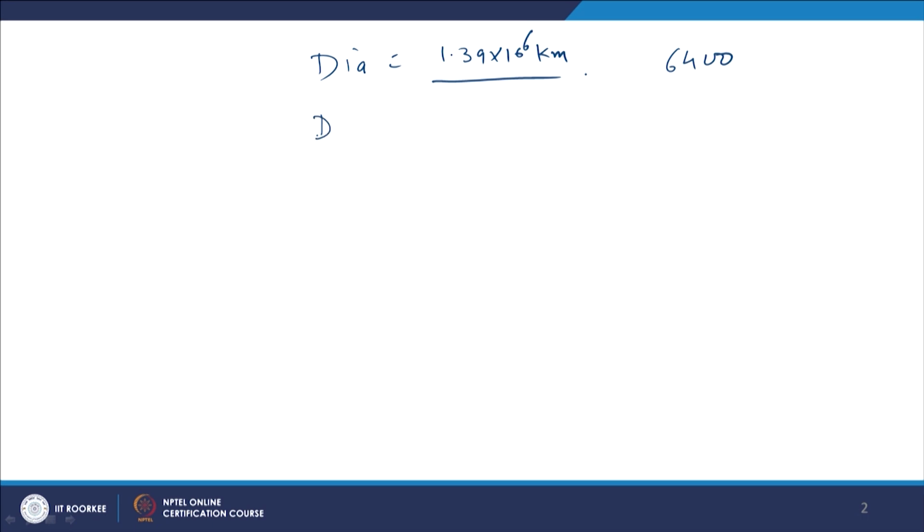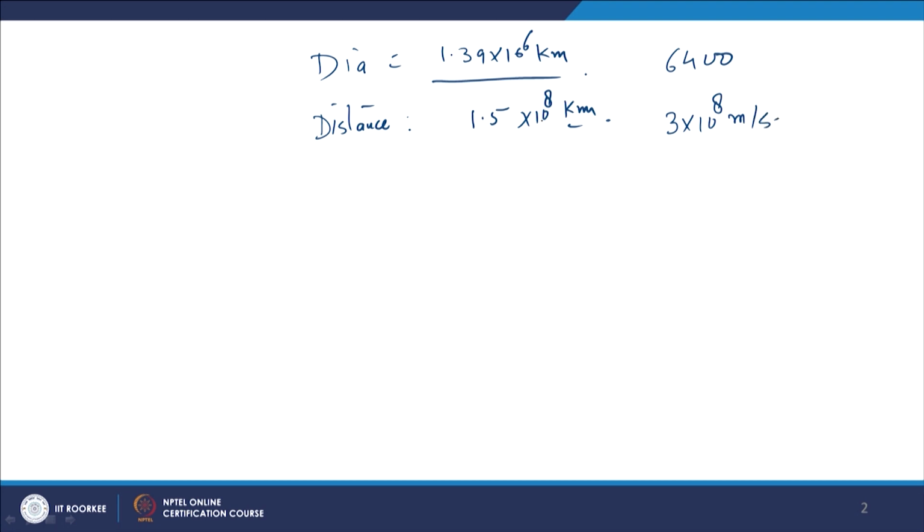Distance from the earth: it is exactly 1.49 something, but I have rounded off to 1.5 into 10 to power 8 kilometers. As you know, the velocity of light is 3 into 10 to power 8 meters per second.